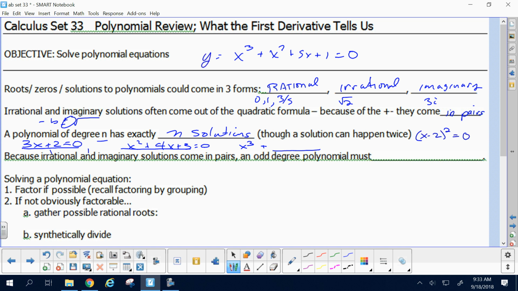Okay, so a cube, how many solutions would it have? It has 3 solutions, right? Now, if 2 of those are imaginary, or 2 of those are irrational, then there's 1 that must not be imaginary or irrational because it doesn't have a pair. It doesn't have a pal to pair up with. So it must have at least 1 rational solution.